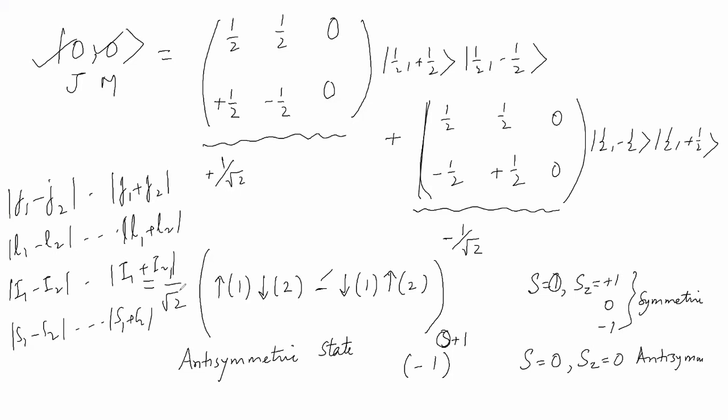When you add two angular momenta, you have to go from J1 minus J2 to J1 plus J2. You have to look at all the possible values.